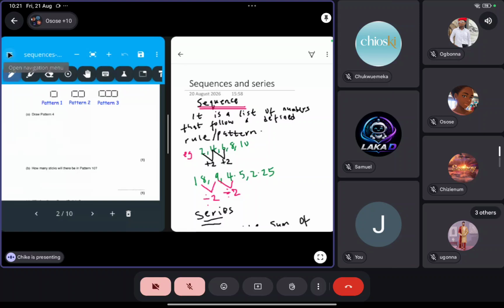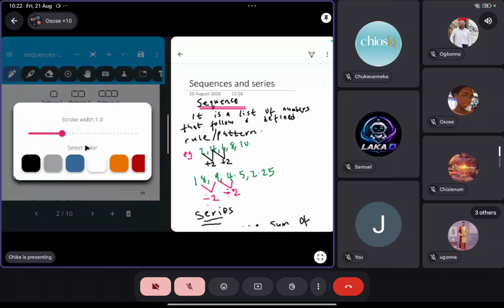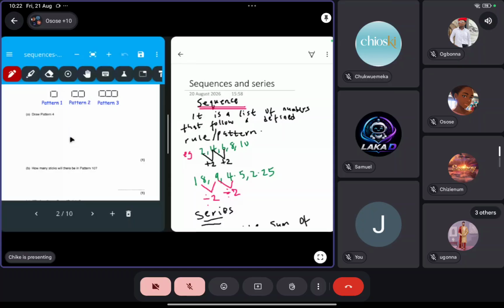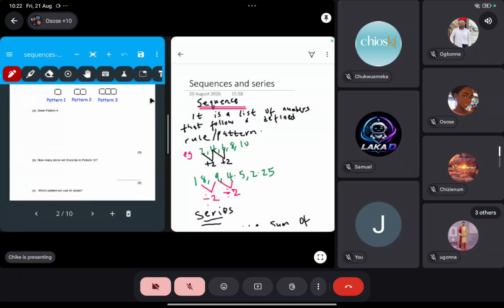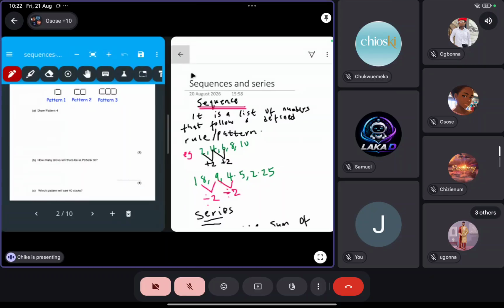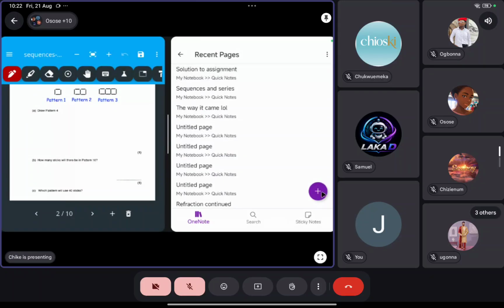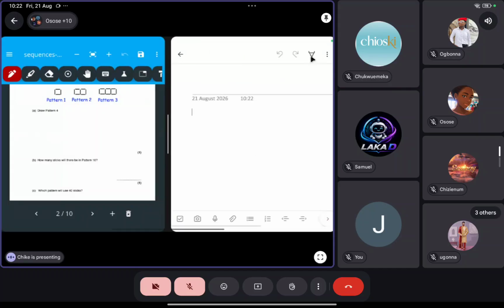Something is wrong with my pen. Okay, no, let me do it here because I don't know what's happening. My pen on that particular page is not working. So let me use this one.